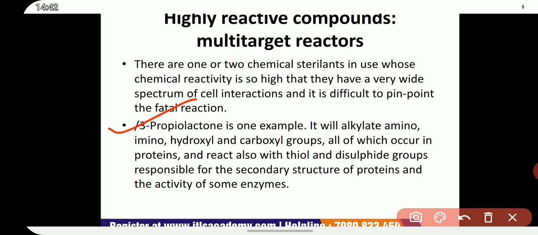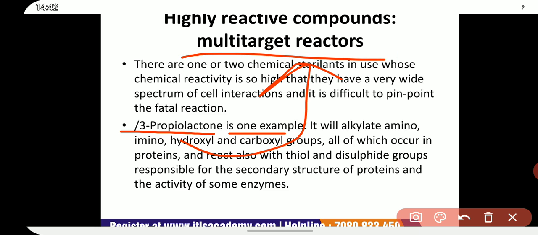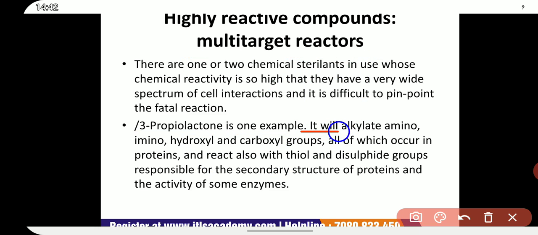Next is beta propiolactone. Beta propiolactone is an example of multi-target reactors, or we can say this is an example of highly reactive compounds. It will alkylate amino, imino, hydroxyl and carboxyl groups.